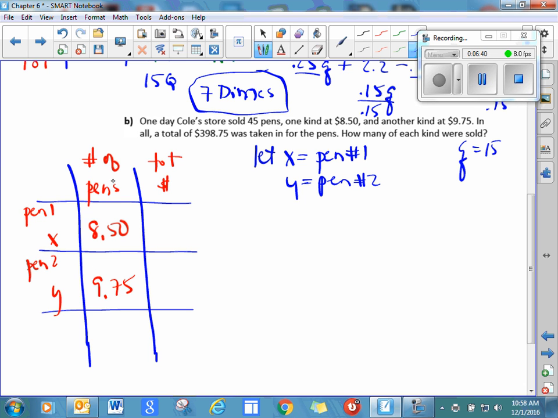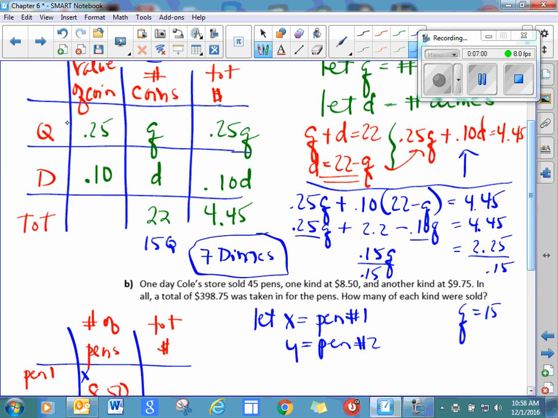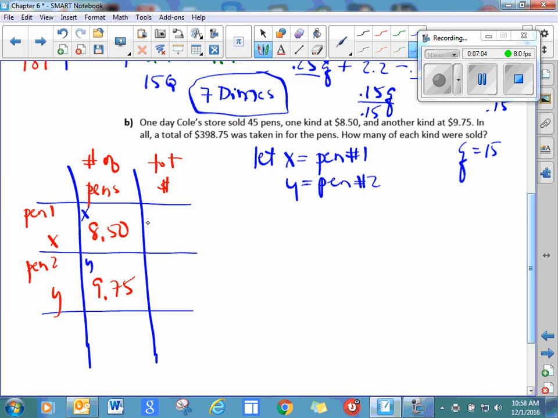The number of pens, I don't know that I have this set up right. The number of pens is actually X and Y. The value of the pens, I needed another column here. So do like we did in this problem up above. I'm not going to erase the whole thing, but you need the number of pens, the value, and then your total is going to be similar to what we have up above.